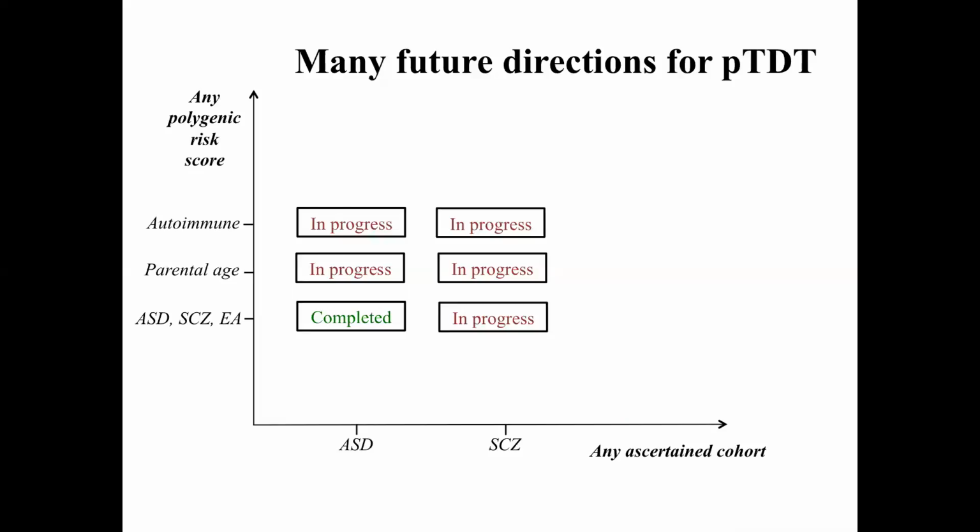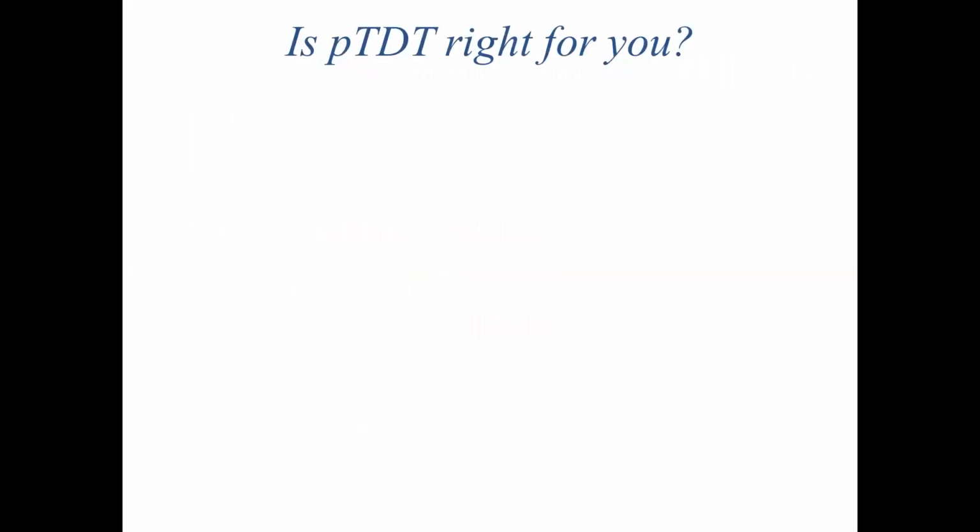So we are in progress working on classes of autoimmune polygenic risk, getting in questions of paternal age across cohorts in autism and schizophrenia. But it's really broadly applicable to any ascertained cohort across any phenotype. And it's really not a method that's very difficult to implement.